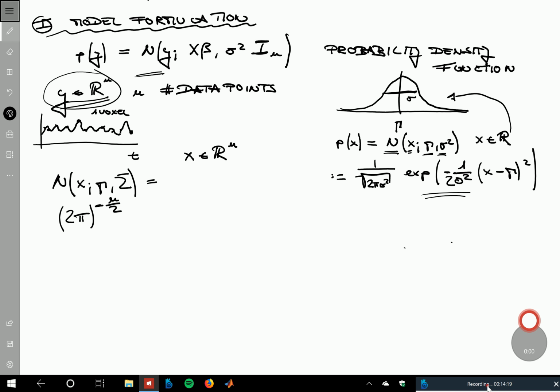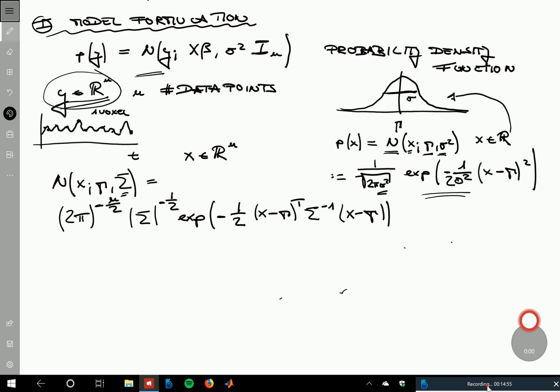It has this 2 pi factor in there, it has the square root, it has an additional n in there, it has the inverse of a variance parameter in there. Here you have the variance parameter, here you have what is called a covariance matrix, and it has the exponential term in there. So it has the deviation between x and the expectation parameter scaled by the inverse of the variance, and has the square of that.